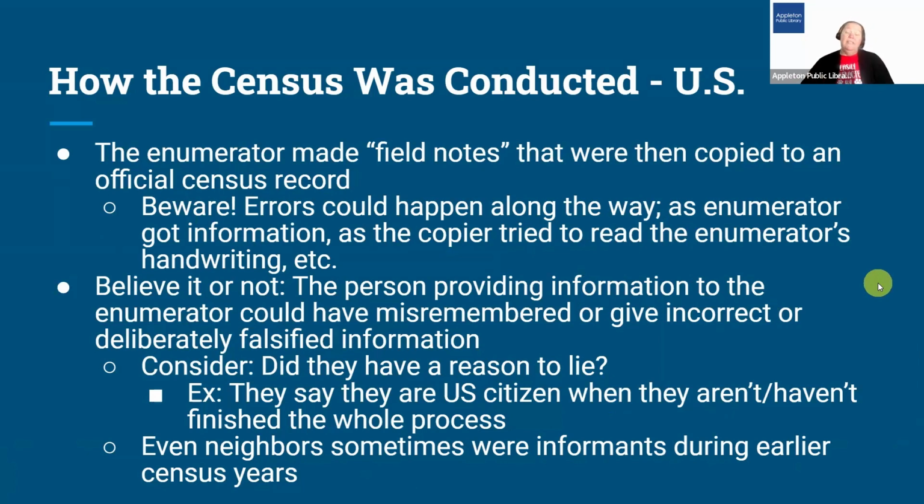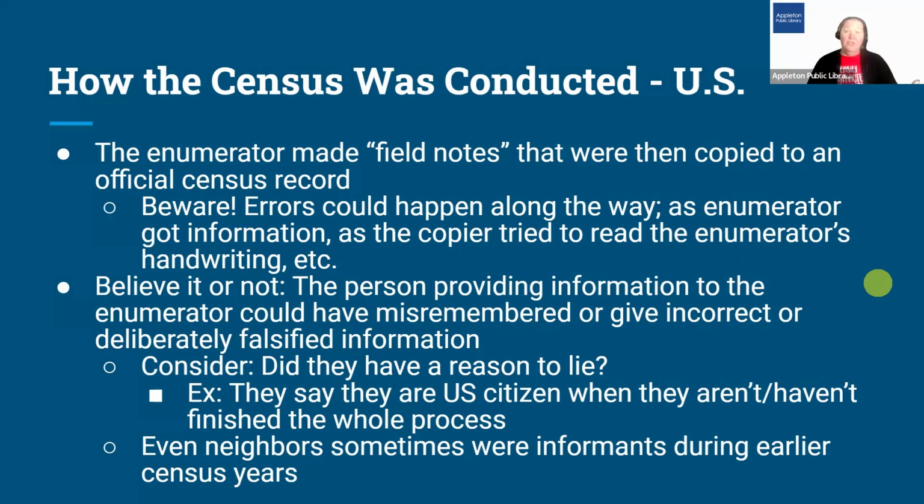Once that census taker went to your house and asked you questions, they'd make field notes. Then they took those field notes to the census office, where they were copied to an official census record. Those official census records are what we as genealogists see nowadays. Be aware, unfortunately, that errors can happen anywhere along the way.